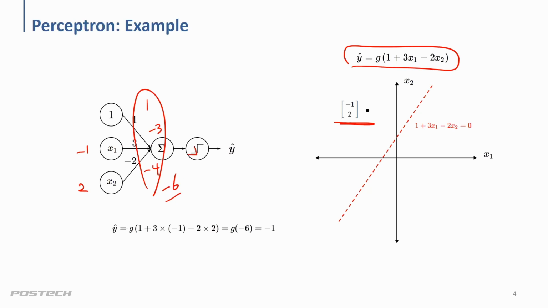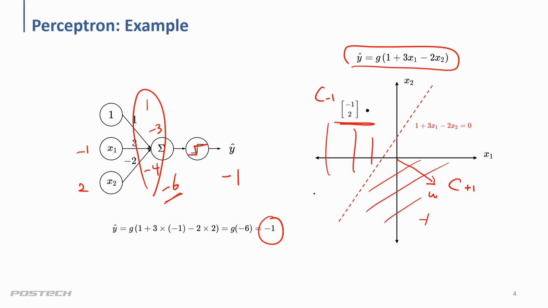Now we have the sign function, and since it's negative, it will be -1. So it's in the -1 class, and of course this one is the +1 class. We know that omega is in this direction, so over here it will be positive, and on the opposite side it will be negative. I think it makes sense.